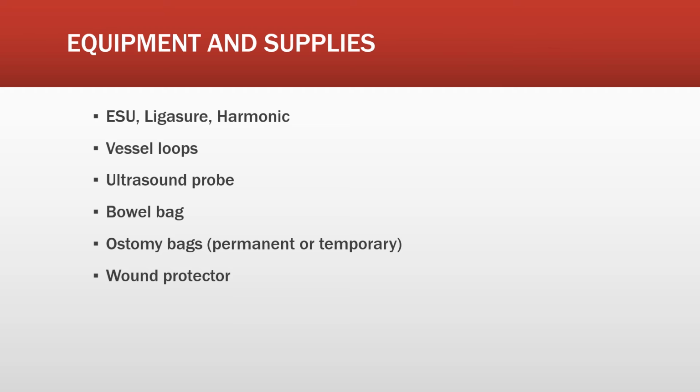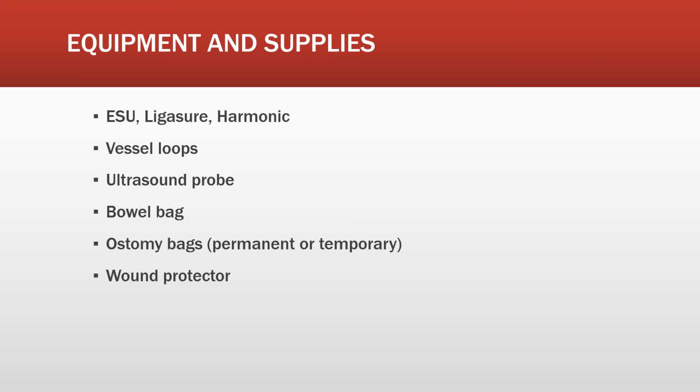All right, just some additional equipment and supplies. As I said before, our Bovie, ligature, harmonics, vessel loops may often be used for vein retraction. Ultrasound probes, such as our Doppler, may be used. Bowel bags are another thing that may be used quite often, especially when we're doing those bowel resections.